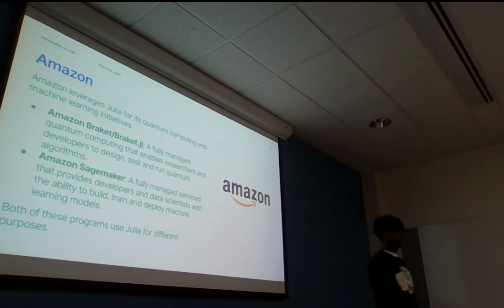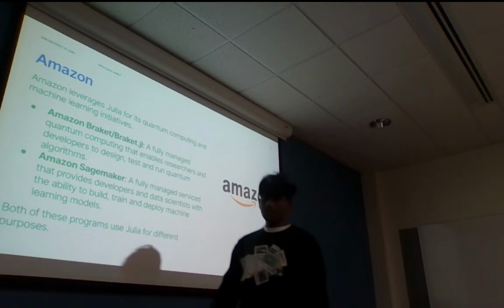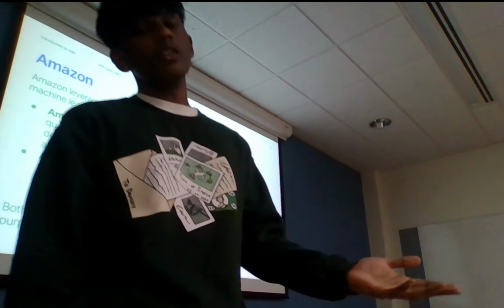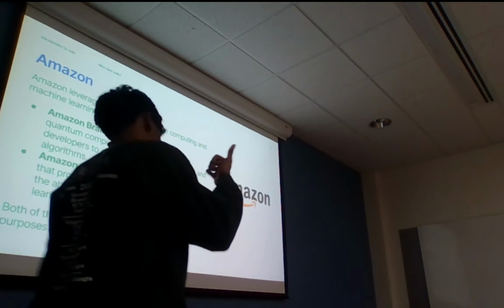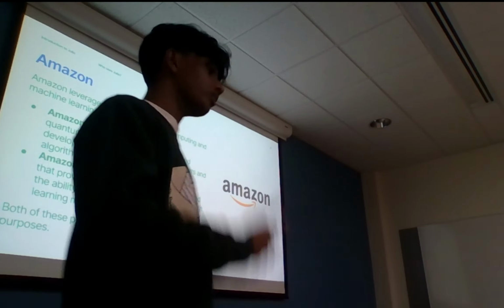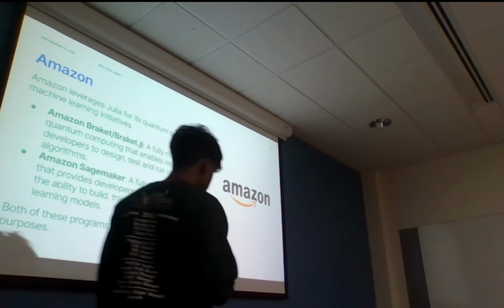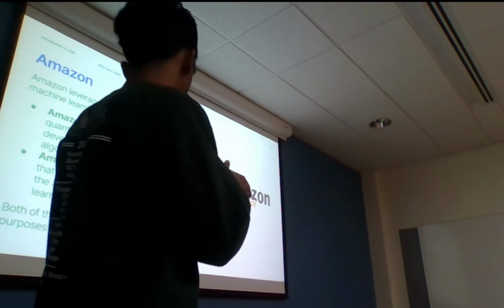But they recently added Julia support as well. And some of the advantages of using Julia over Python would be, like I've said multiple times, high performance computing. So you can train your models faster. You can train more models, multiple models at the same time, things like that.